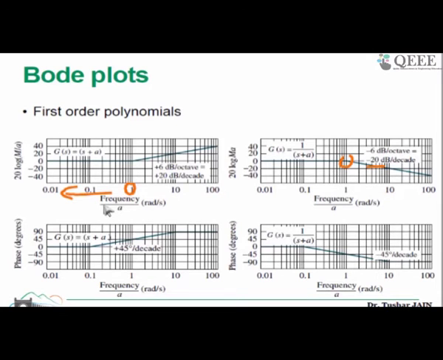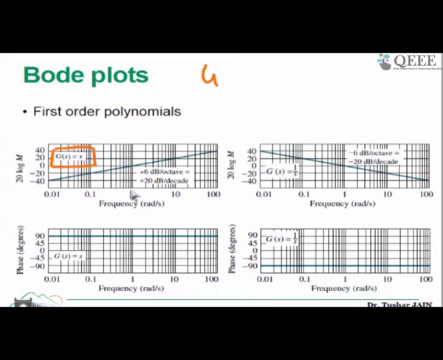The gap from 0.1 to 1 is the same as the gap from 1 to 10. The plot is already in the log scale, so whatever frequency is written over here are the absolute values without taking any logs. But on the y-axis we have the magnitude, which is written in log.